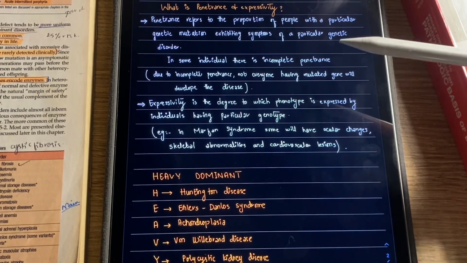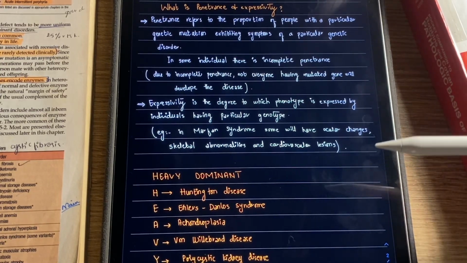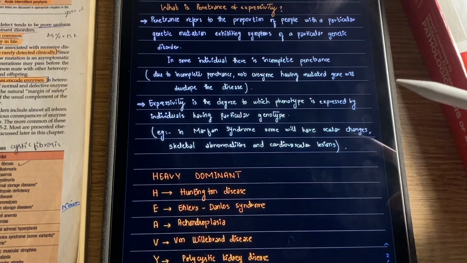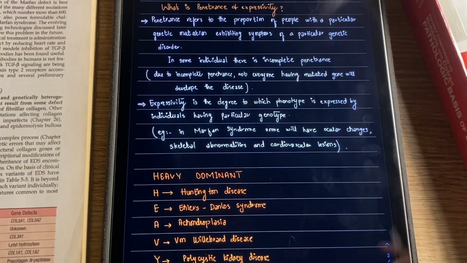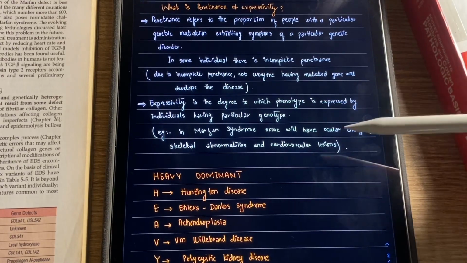For example, there is the example of Marfan syndrome. In Marfan syndrome there are three different things that can happen. They can be ocular changes, there can be skeletal abnormalities, and cardiovascular lesions. But it is not necessary that the patient having Marfan syndrome would exhibit all these three abnormalities.